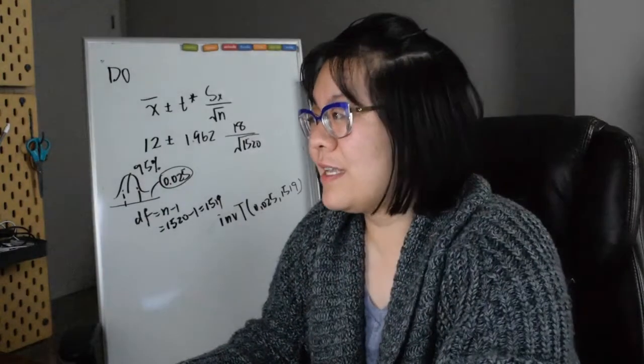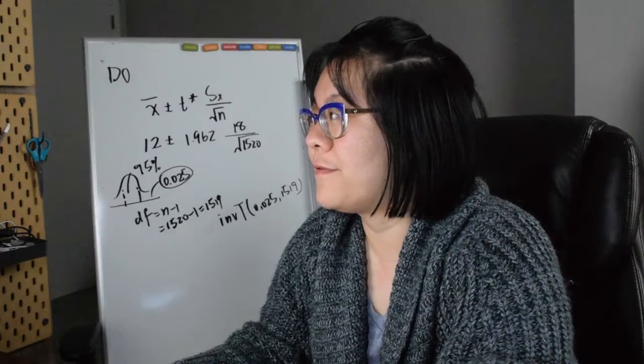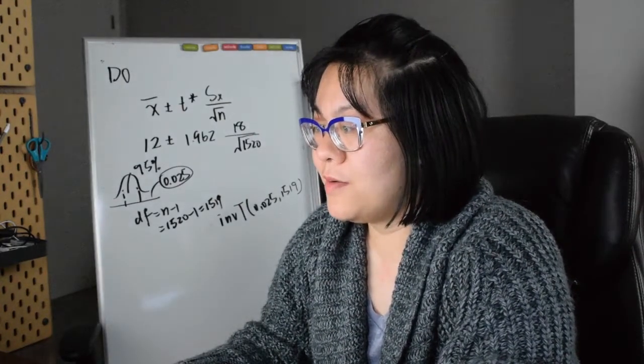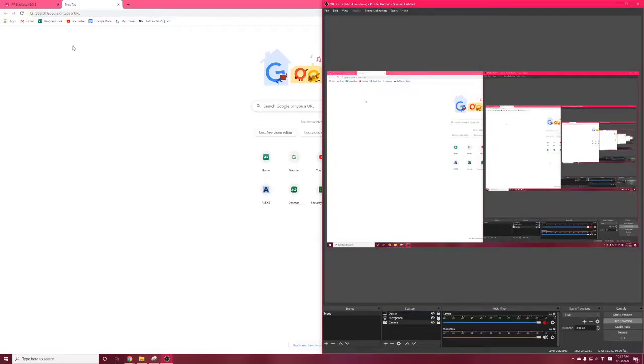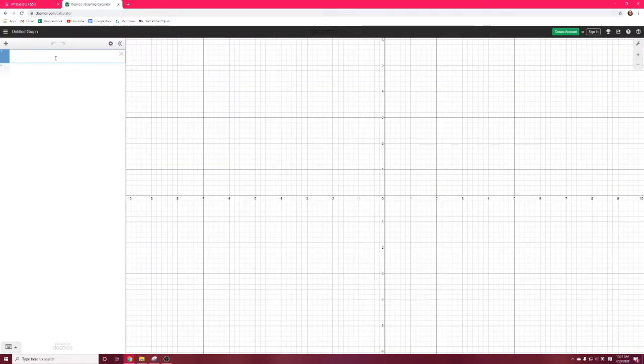So let me do it in the decimal calculator for us. So 12 plus, I use the decimal calculator because I can show you, and I feel like it's very easy to use. I like it.